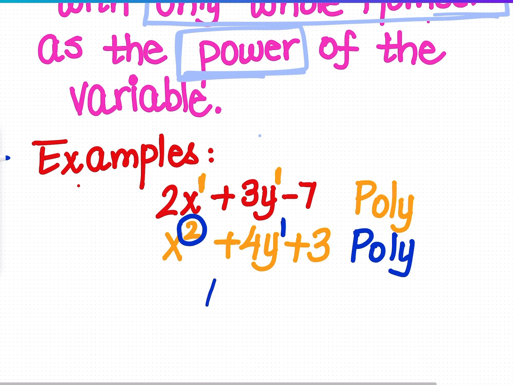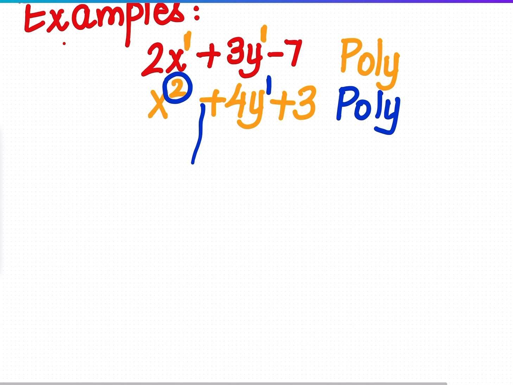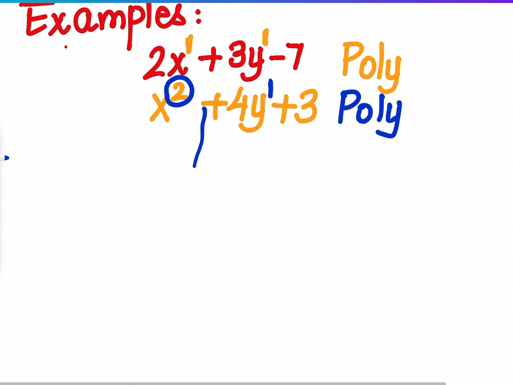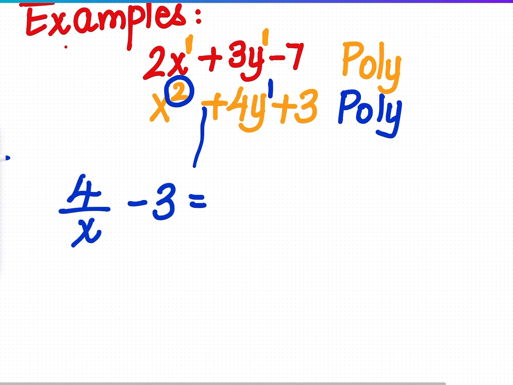All right, now let us take a look at more examples here. So let us say we have 4 over x minus 3. Now they are asking us if it's a polynomial or not. You can pause the video and just think about it, or we can actually take a look at how we can write down x.